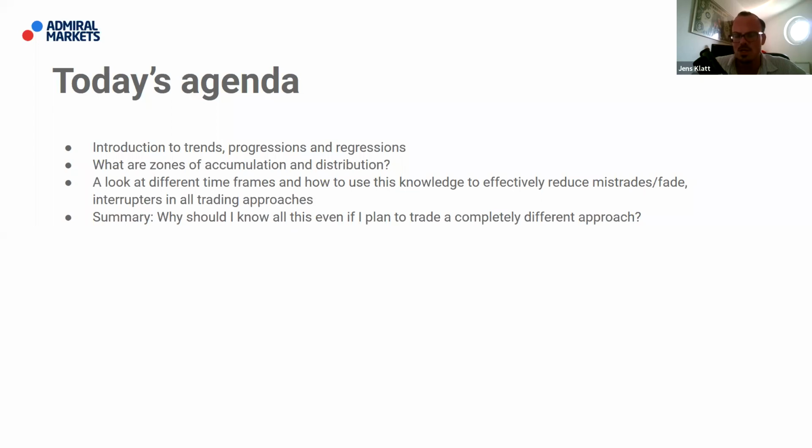And you can use this knowledge even if you do not plan to trade from a price action perspective. You can still use it to optimize, to some extent, your automated trading. So we will use this as a potential guideline.